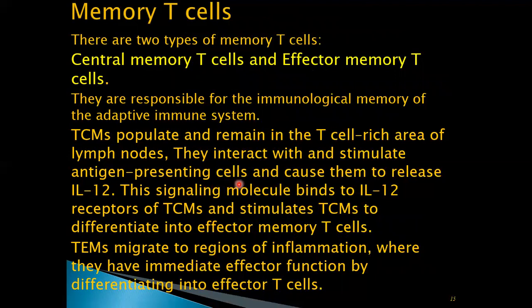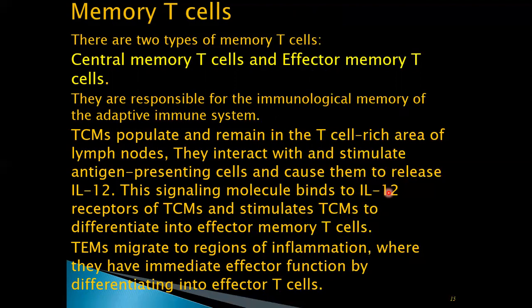When they interact with the antigen presenting cells, the antigen presenting cells secrete interleukin 12. What does this interleukin 12 do? It binds to the receptor for interleukin 12 on the surface of the central memory T cells and stimulates them. So they are influencing one another.